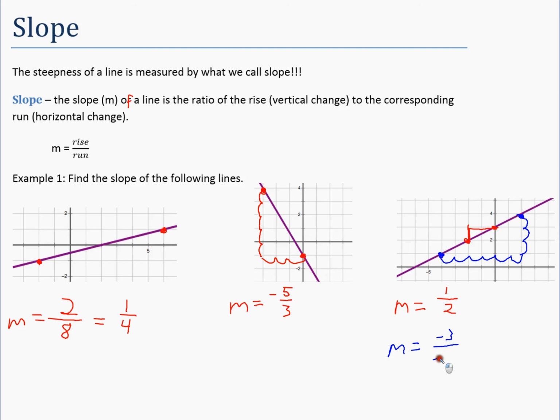So left 6, which is a negative 6. But we notice that does reduce to a positive 1/2. So whichever points we choose and whichever order we go, as long as we do rise over run, we get the correct slope. And slope measures the steepness of a line.